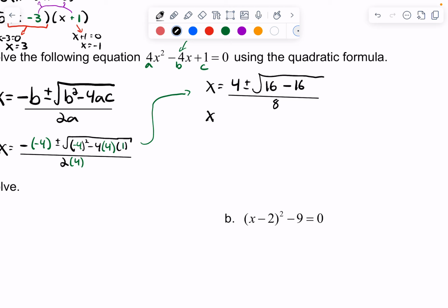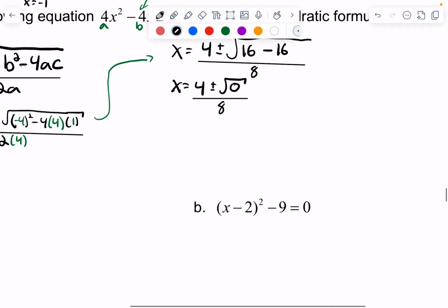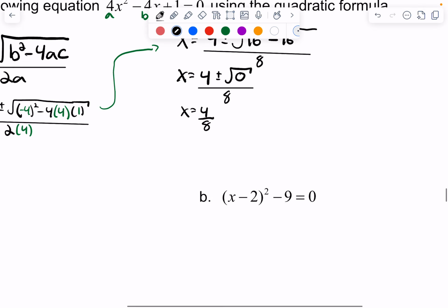Well, x equals 4 plus or minus the square root of 0 over 8. Well, square root of 0 is 0, so it's x equals 4 plus or minus 0, so nothing, over 8. So then you actually only got one solution.